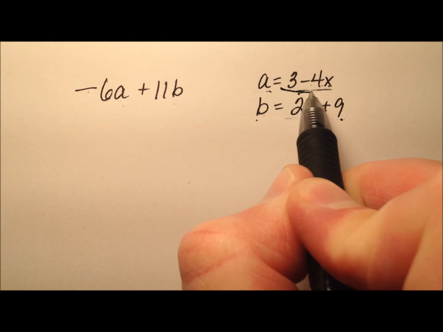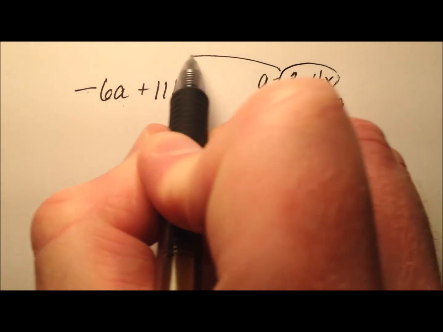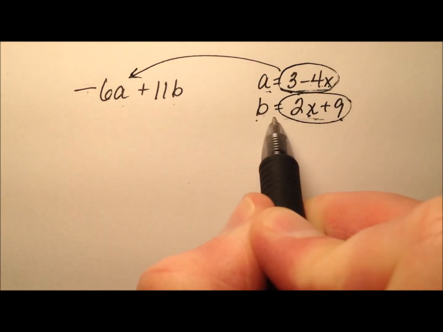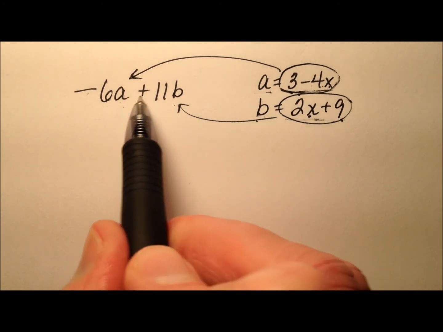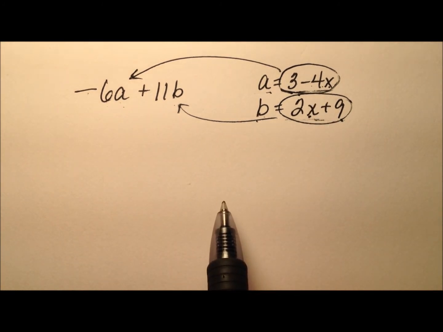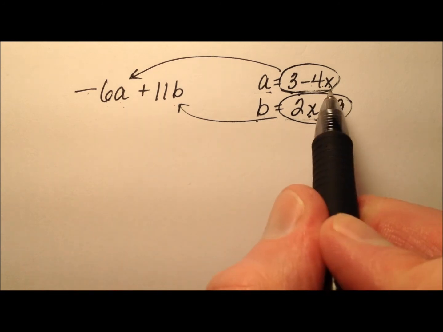So we're going to substitute these expressions in for these variables, but in this case, we won't have a number at the end. We're just going to have another algebraic expression. Okay? This actually has a lot of applications and use later on in algebra. So let's go ahead and take a look at this.